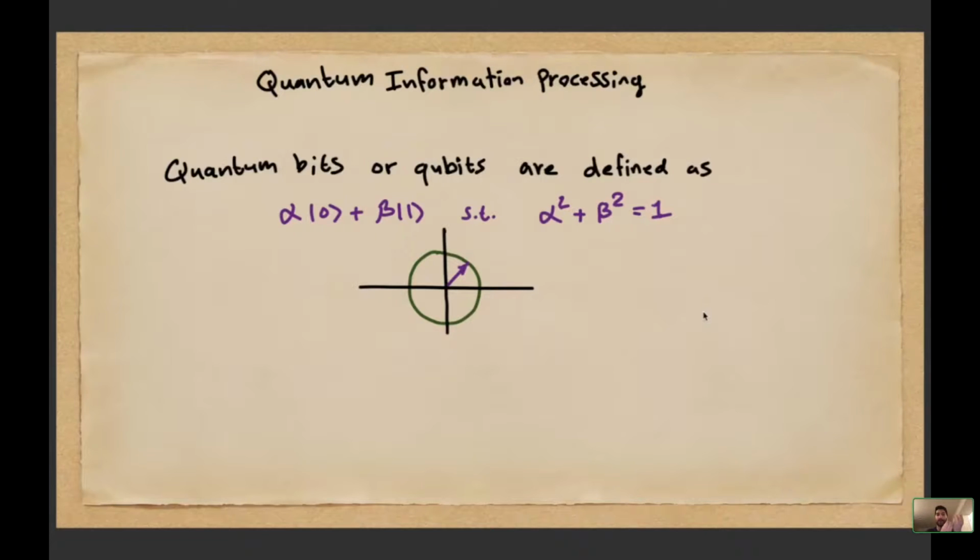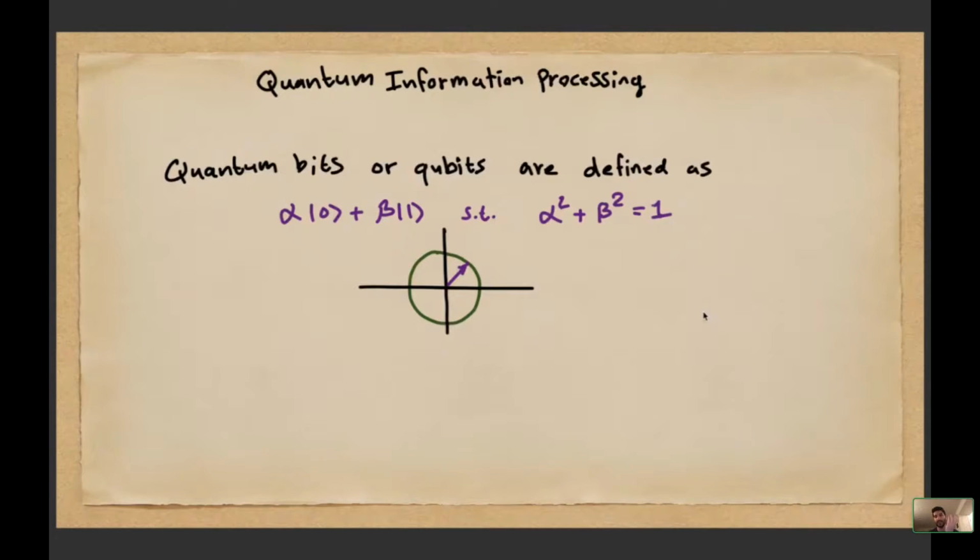Again, two numbers, alpha and beta. Alpha and beta are called amplitudes instead of probabilities now. And we assign these to the two possible bits that we originally had, 0 and 1. Now, instead of these being probabilities, where we interpret them as saying, hey, with probability alpha, if I looked at this or measured this bit, I would see a 0, and with probability beta, I would see a 1, these amplitudes are no longer going to sum to 1.